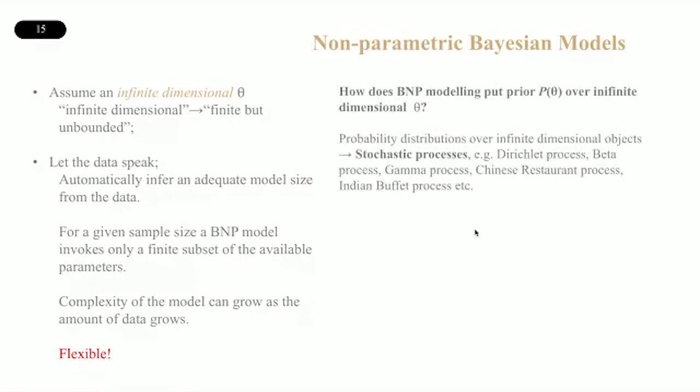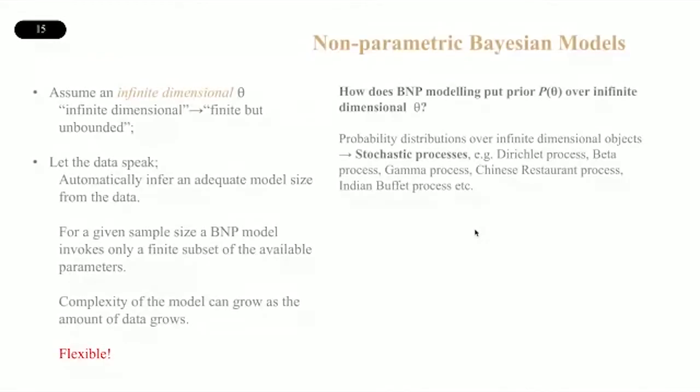The question now is, I talked about infinity. How am I dealing with infinity? The Bayesian nonparametric model puts a prior on an infinite dimensional model by using the so-called stochastic processes. Examples of stochastic processes used widely in the BNP domain are the Dirichlet process, the Pitman-Yor process, the Gamma process, the Chinese restaurant process, the Indian buffet process, and so on.